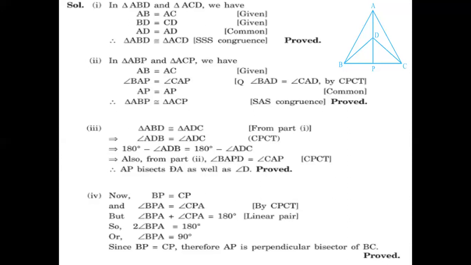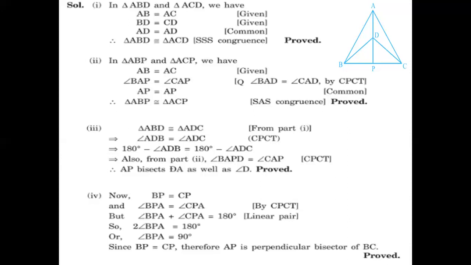Now let us get to the third part of the solution. What are we supposed to prove? That AP bisects the angle A as well as angle D. To prove that, let us try to understand what we have got from the first part. Can I say that ABD is congruent to ACD? Yes. If that's the case, then angle ADB is equal to angle ADC? Yes, by CPCT.